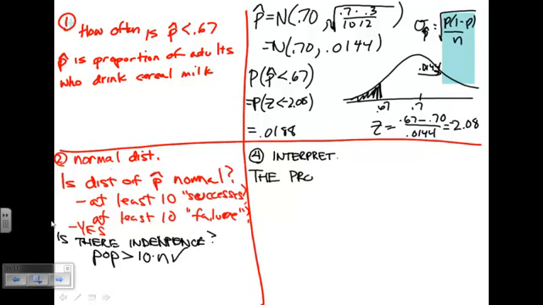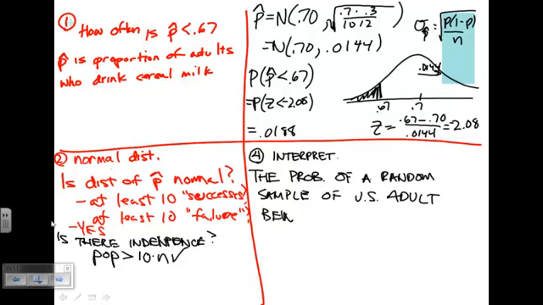The probability of a random sample of U.S. adults being 67% or lower is 1.8%. Isn't it 1.9? 1.9. Okay. You're right.